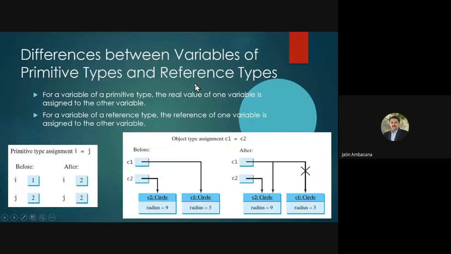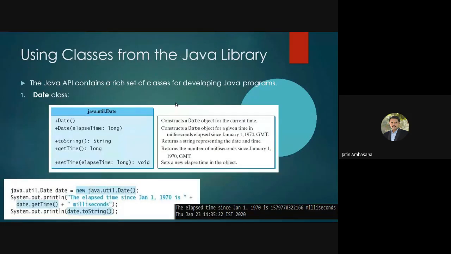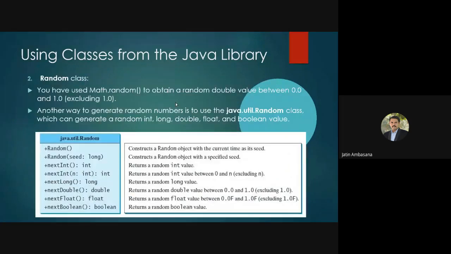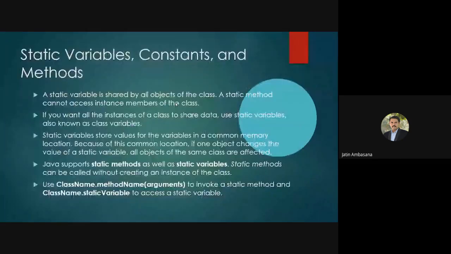We also saw the difference between primitive type variables and reference type variables. And then we saw some classes like the Date class and Random class, and then we started with static variables, constants and methods.